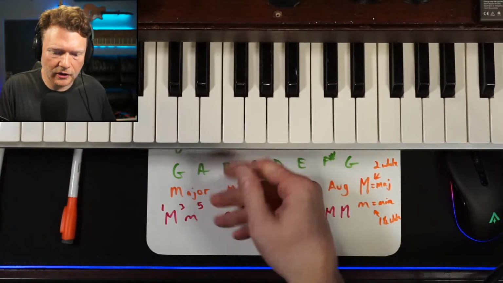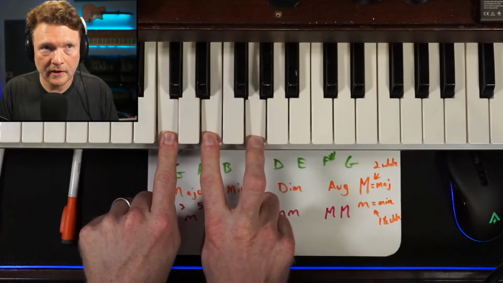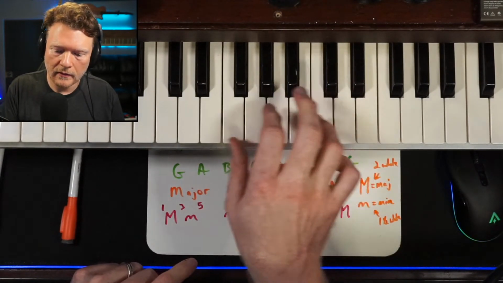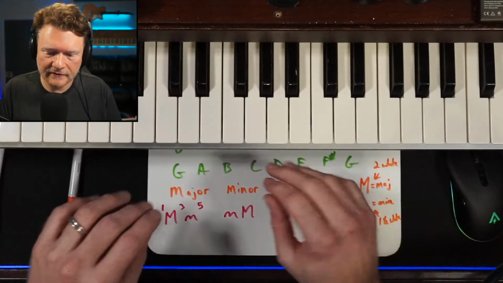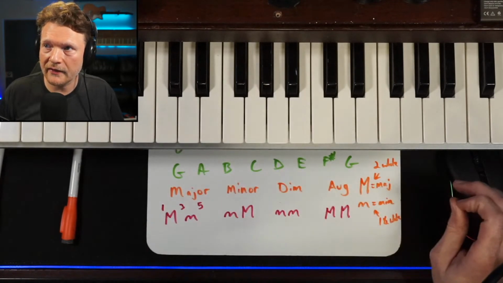So you kind of like start on a note, and then you skip a letter name, then you skip a letter name, and there's your chord. Okay, doesn't matter what. That's the basic feeling of it. So this is what I mean by, many of you have probably figured about this.